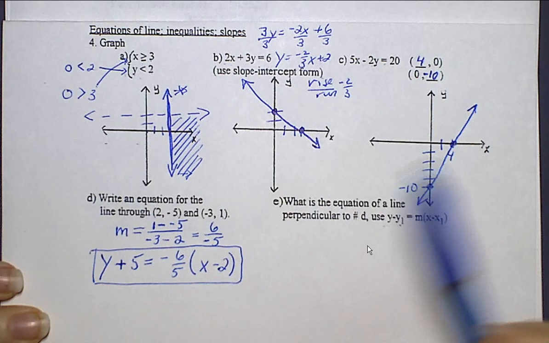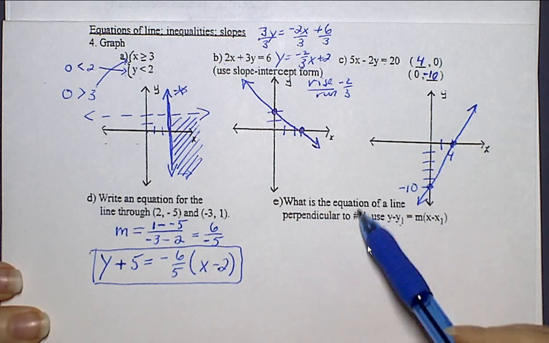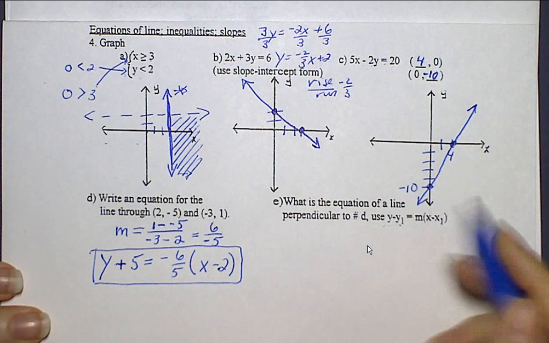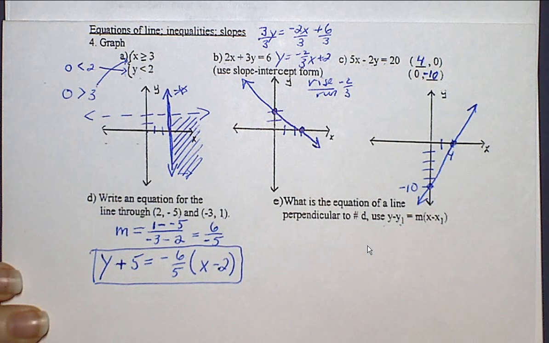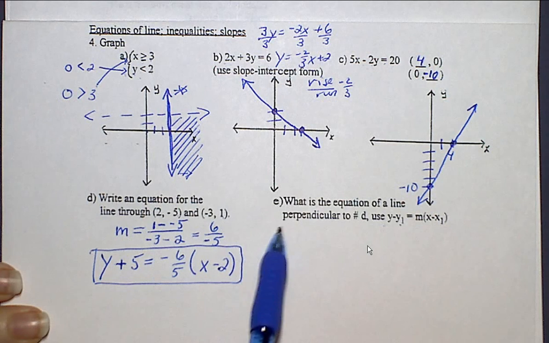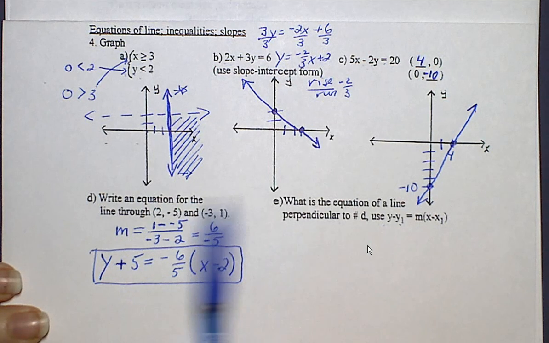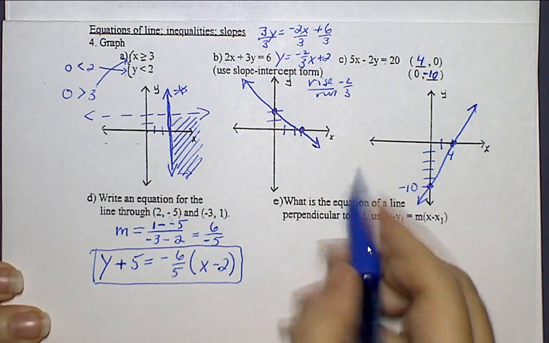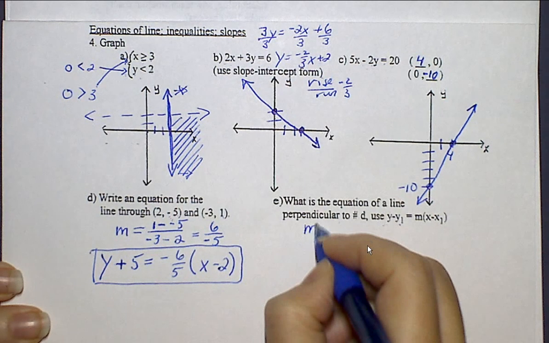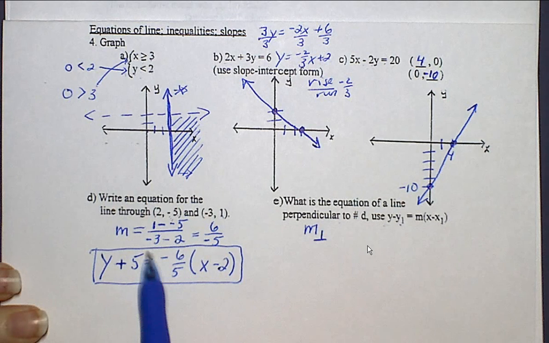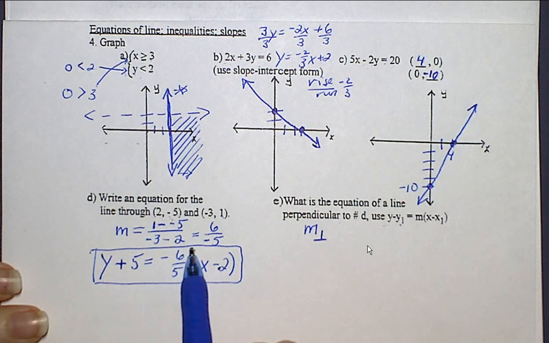So now it says, what is the equation for a line perpendicular to D? So the first thing is what is a perpendicular slope through either one of these? So we need a perpendicular slope, right? So remember that your perpendicular slope is always, what's the first thing it is always? Opposite sign.